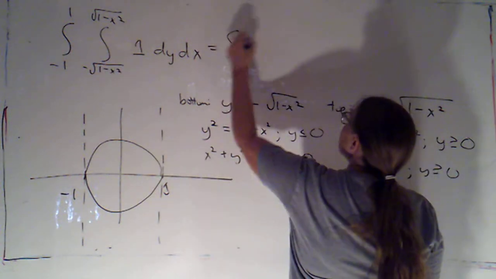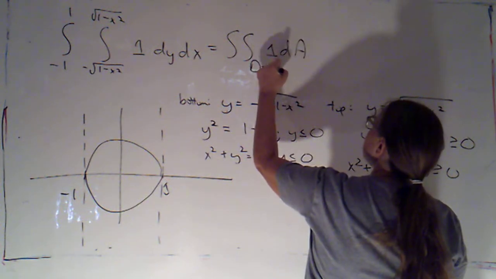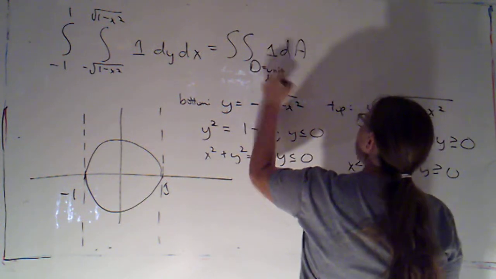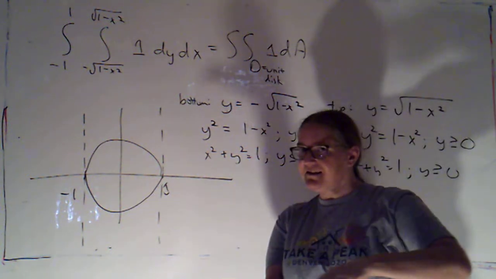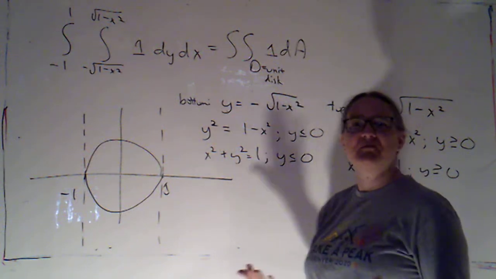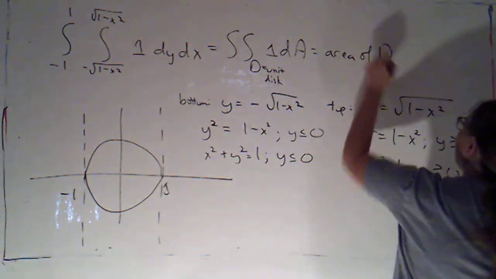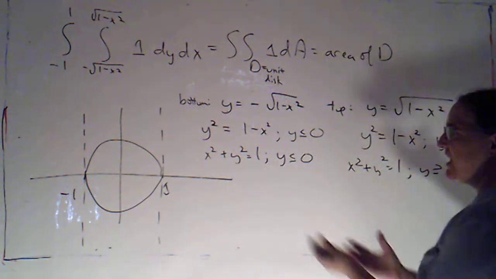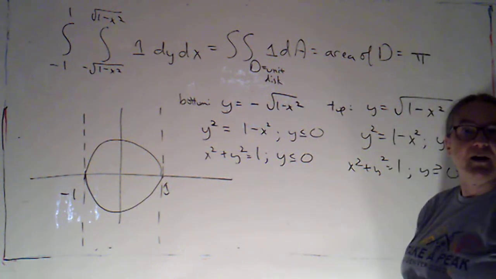So I could say this is the double integral over D of 1 dA, where D is the unit disk. But we just saw that means I'm taking the area of that disk, I'm attaching a constant height of 1 to it, so the volume that I'm going to get is the area of that disk. It's the unit disk. It's pi times the radius squared.